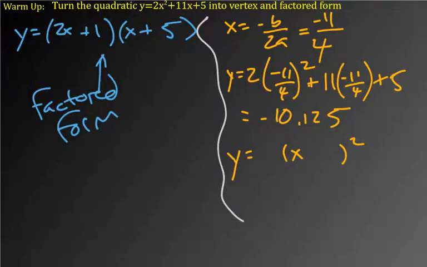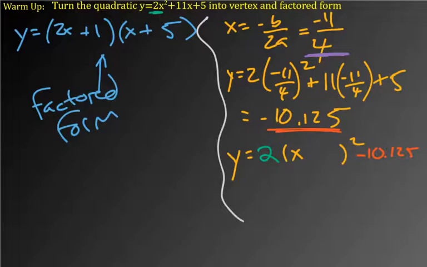So basically we can just stick in the 2 here. We had the vertical shift of negative 10.125, and that's going to go in right here. And then this value right here is my left-right shift, my x value of the vertex.